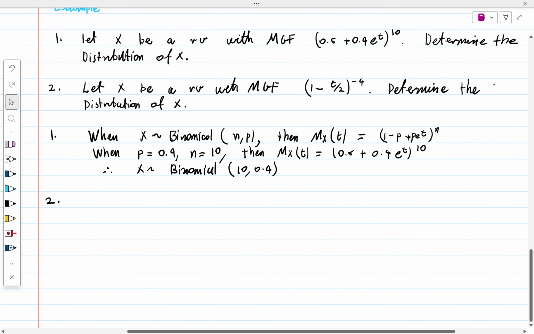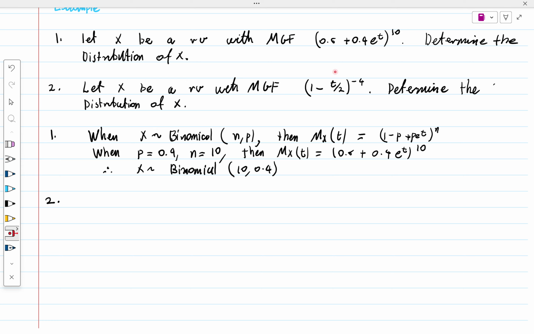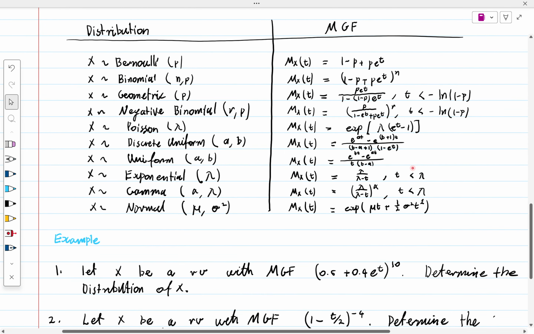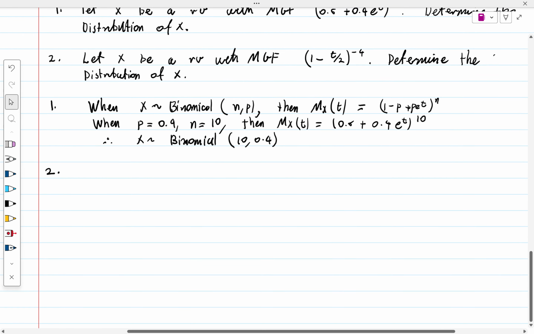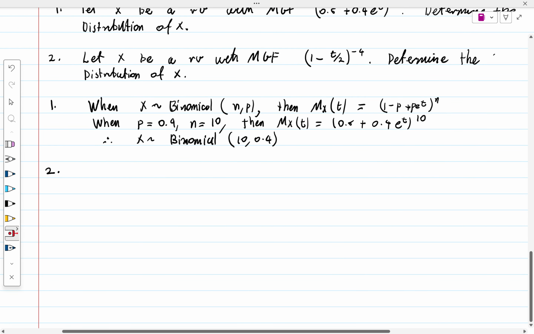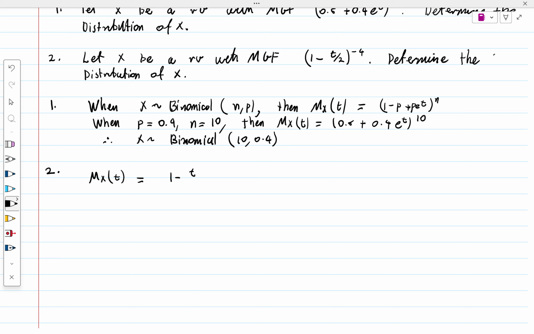But let's rewrite the moment generating function. I'm going to try and write it in terms of a positive power, and maybe that might help us determine which of these MGFs is the one in question. So let's rewrite the MGF. M_X(t) is by definition (1 - t/2)^(-4).